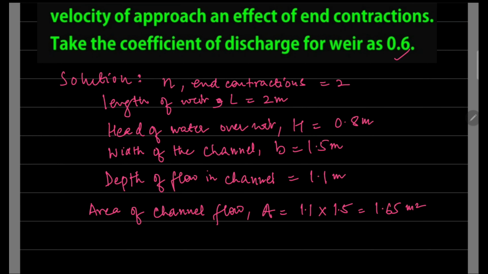CD value is already given over here, that is 0.6. Then we have to consider the velocity of approach and end contraction.